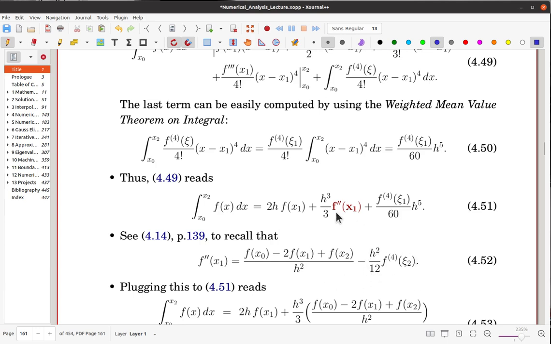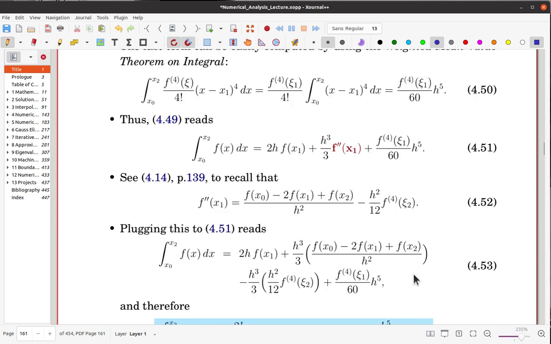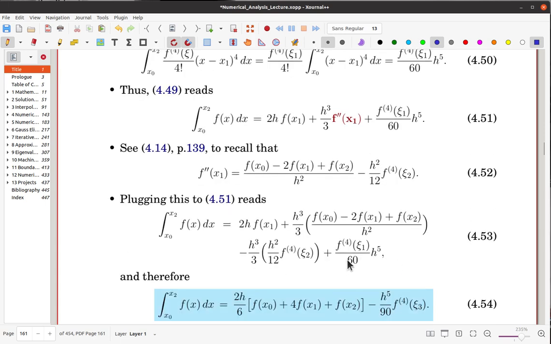So we'll replace this term with that here. Then from this portion, we have that one, and from this portion, we have that. Now this one, h squared times h cubed, so this term is in order h to the 5.